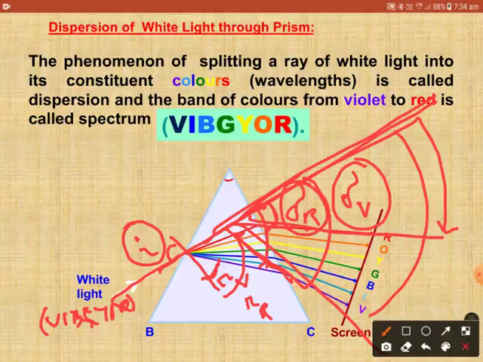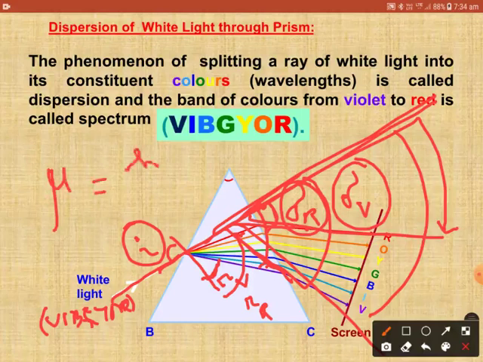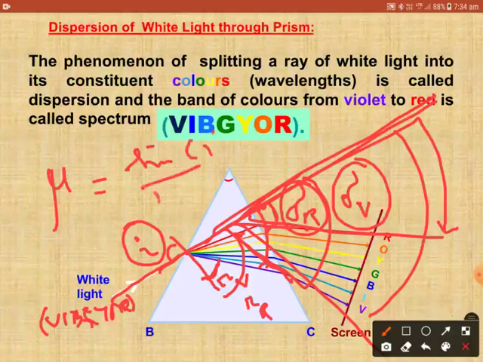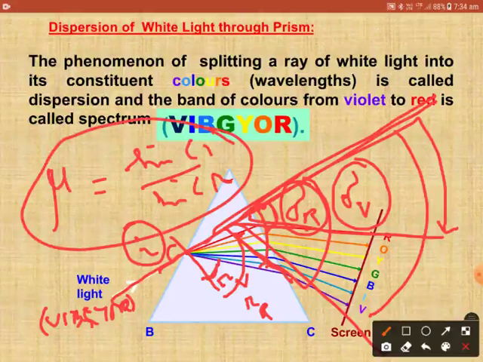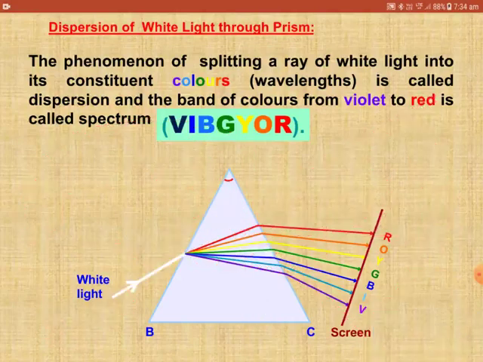We will learn about that through the refractive index. We need to recall the second law of refraction, known as Snell's law, where the refractive index is equal to the sine of the angle of incidence to the sine of the angle of refraction. From there we will explain what causes this splitting of white light. Now let's see step by step.